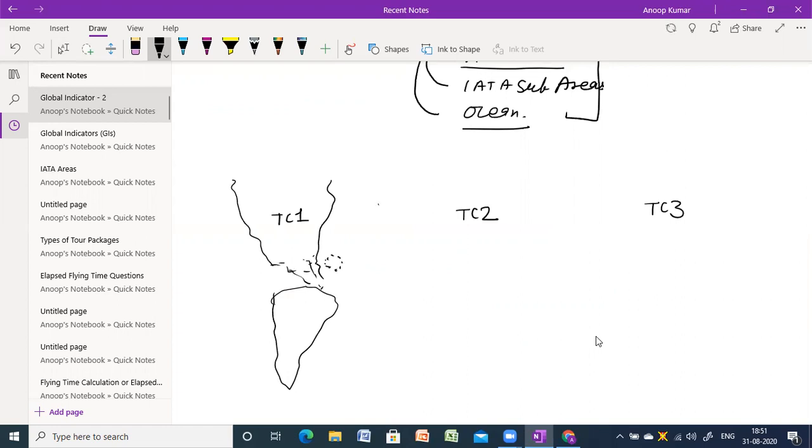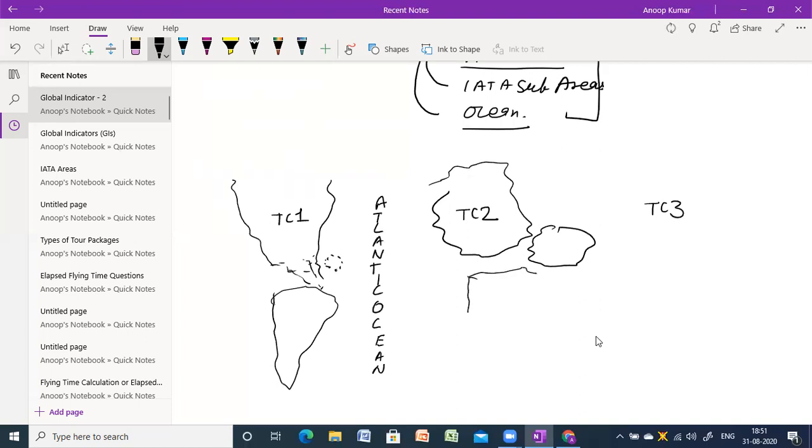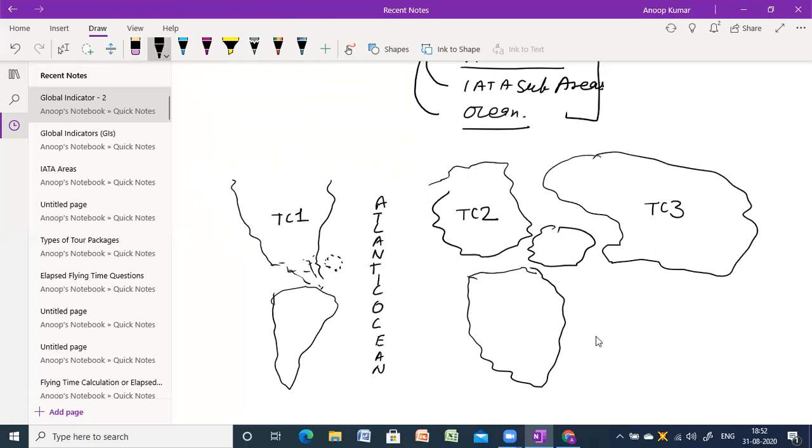Here is the Atlantic Ocean. Then in TC2 we have basically the European sector. Then we have some Middle East sector, and then we have the Africa sector. So this is TC2. Then in TC3 we have basically the Asian subcontinent, Asia.